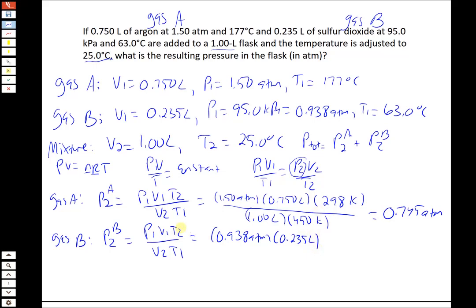And then it's going to have the same temperature and volume once they're mixed together. So T2 for gas B is still 25 Celsius, or 298 Kelvin. And then V2 is still 1 liter for gas B. Once they're mixed together, they're going to occupy the same volume. But then T1 for gas B was 63 Celsius. Plus 273 is 336.